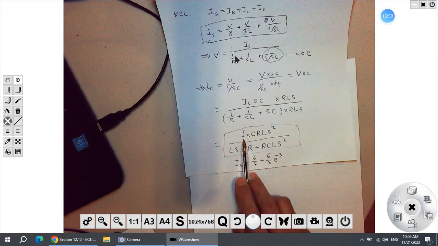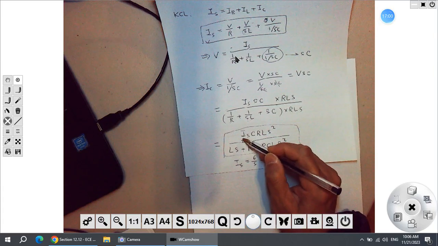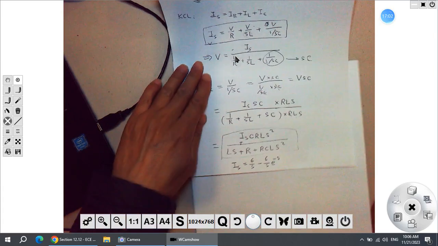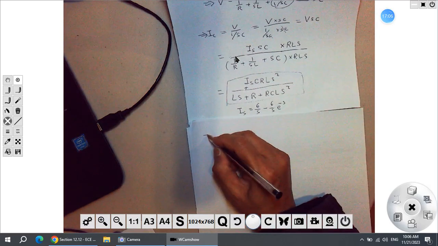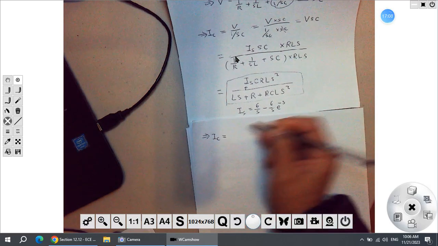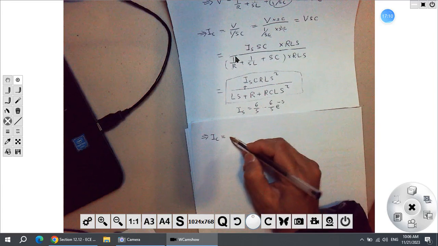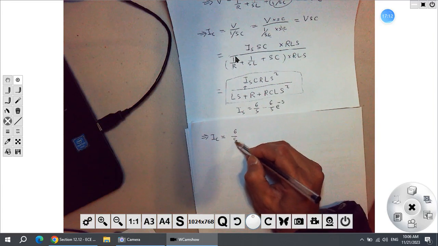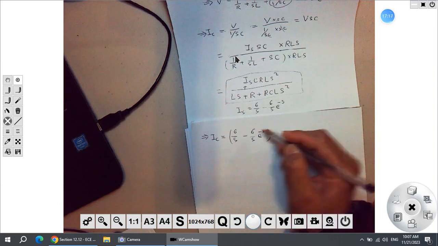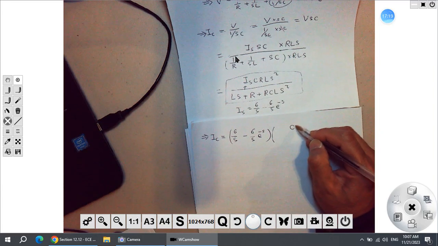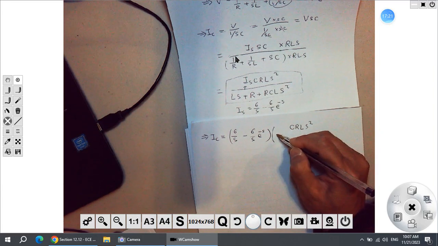So plugging Is in here, I have IC equal to Is. I put in the front Is: 6 over s minus 6 over s e to the negative s times, here's a CRL s squared over.